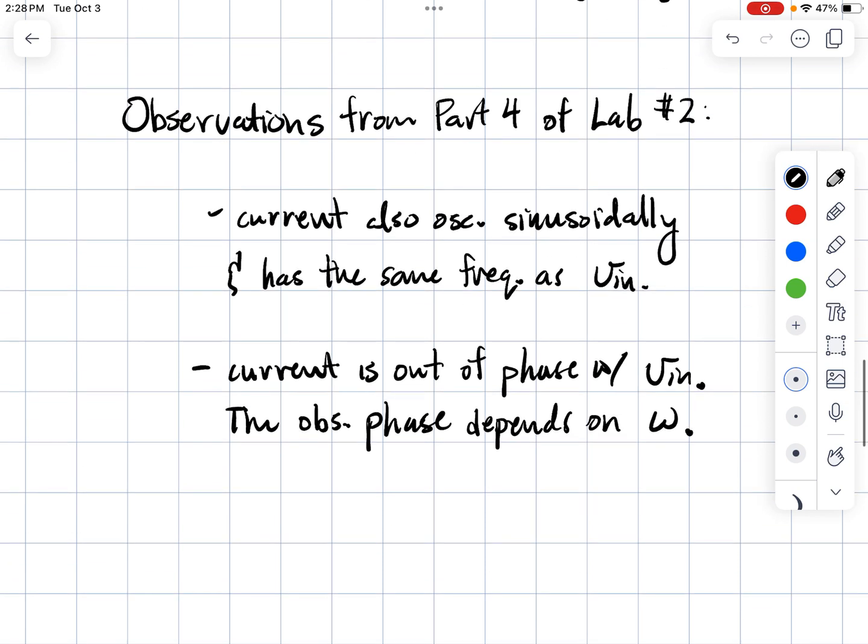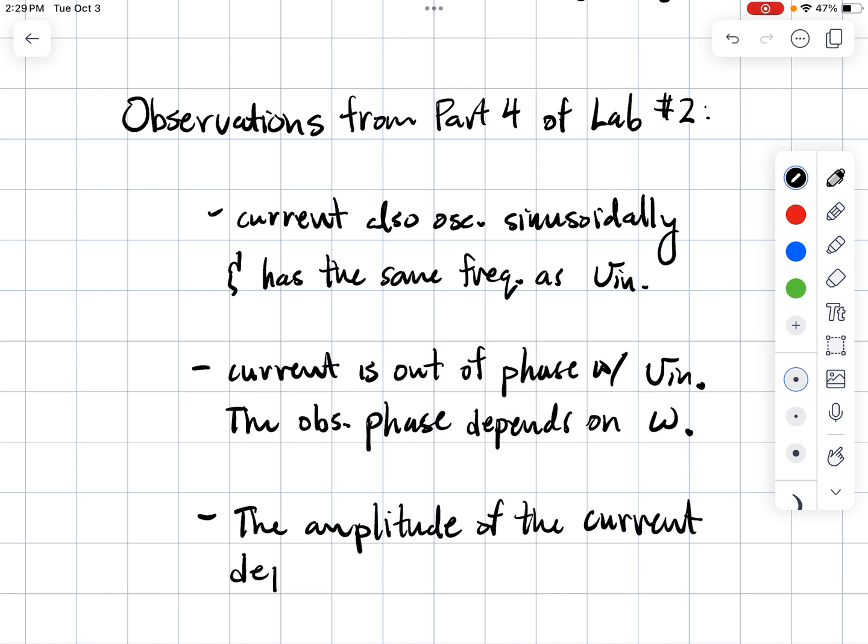Another thing that you may or may not have observed is if you change the frequency, you would have found that the amplitude of the voltage across the resistor, or equivalently the amplitude of the current, would also depend on frequency. So the amplitude of the current depends on omega.